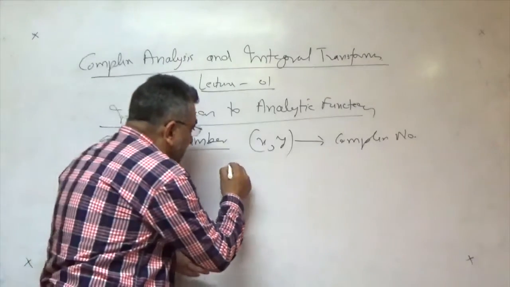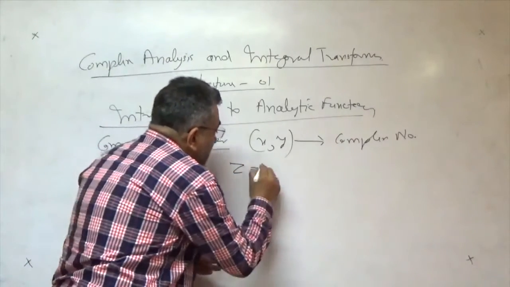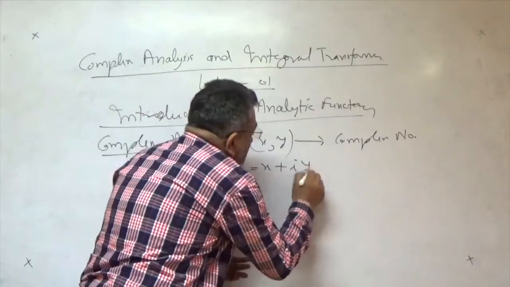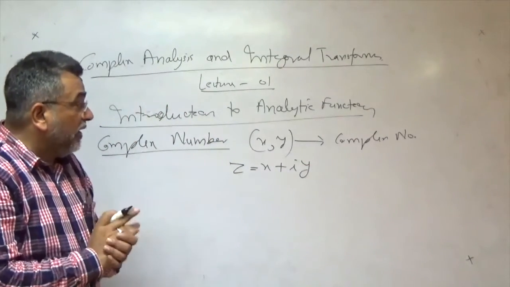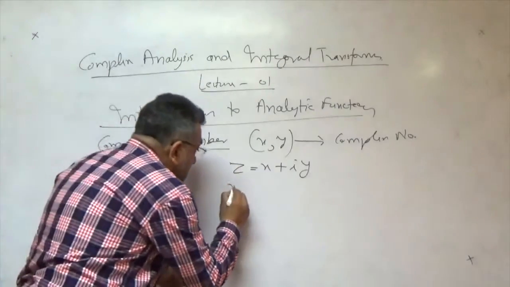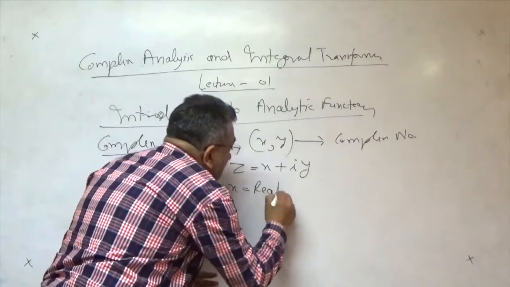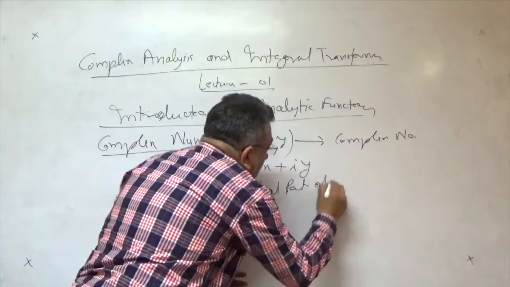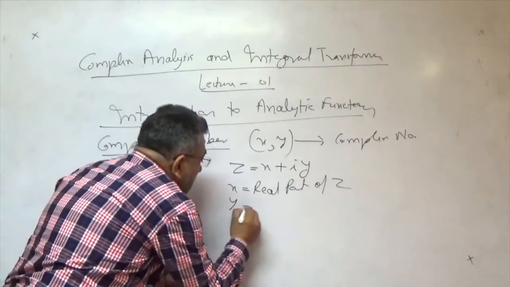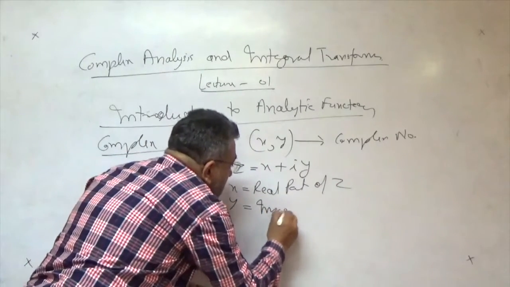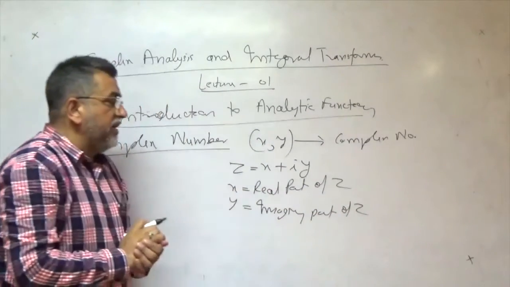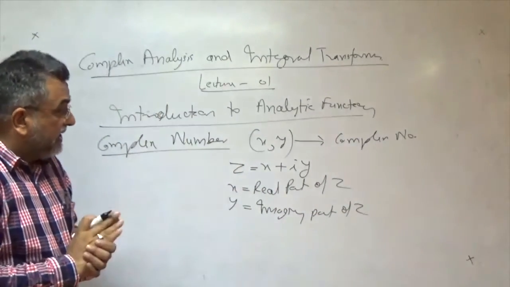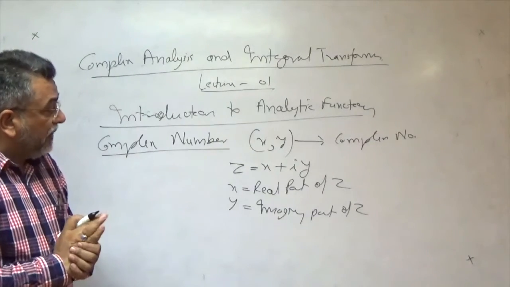Mathematically, you know that it will be represented by z equal to x plus iy. This is its Cartesian form. Here x is the real part of complex number z, y is the imaginary part of complex number z. This is the basic concept of complex number.